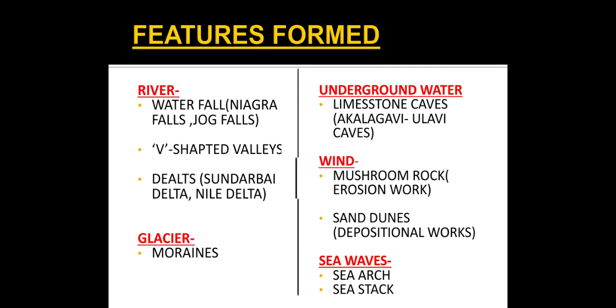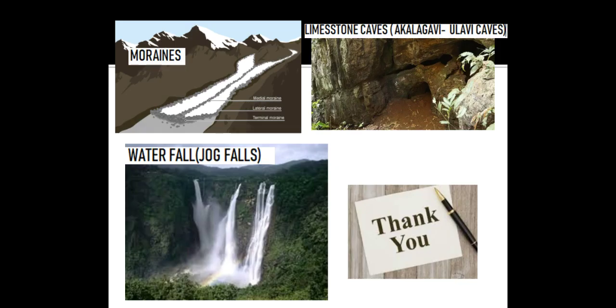Now a few pictures I will show you. See the moraines, the glaciers, you can see the white, they go on depositing the deposit they bring. You can see the medial moraine, lateral moraine, and terminal. You can see how the deposits are there.